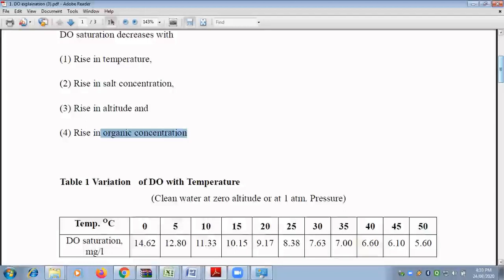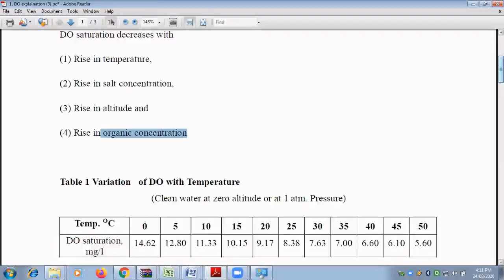Normally, if we do not treat this sewage, the sewage will get dumped into the river body. When we dump the liquid waste, that is the sewage from our household, into the river body, we are increasing the organic concentration.